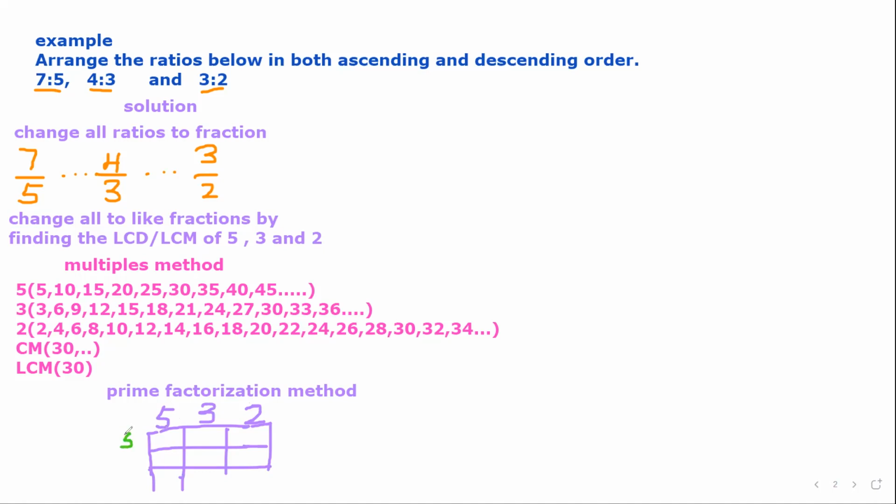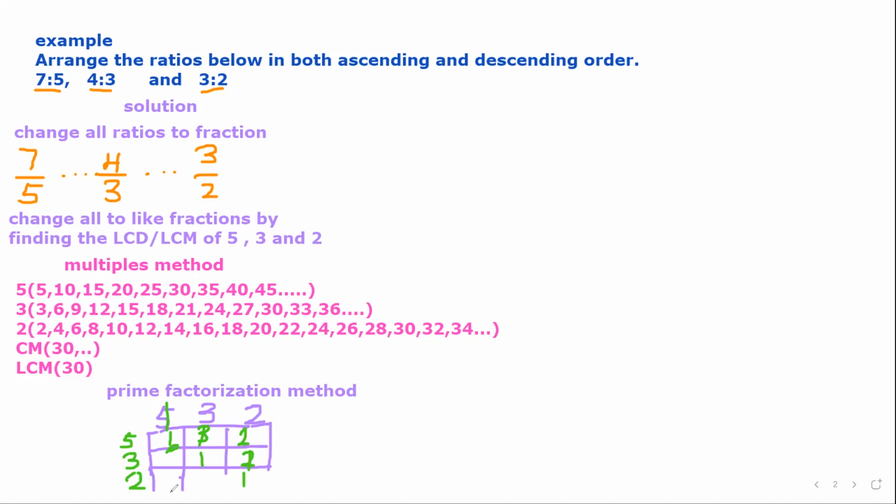So here, the 5 cancels itself to get 1. 5 cannot cancel 3, so we have to repeat the 3. 5 cannot cancel 2, you have to repeat the 2. Then you choose the 3 to cancel itself to get 1. 3 cannot cancel 2, you have to repeat the 2. Then you choose the 2 to cancel itself to get 1.